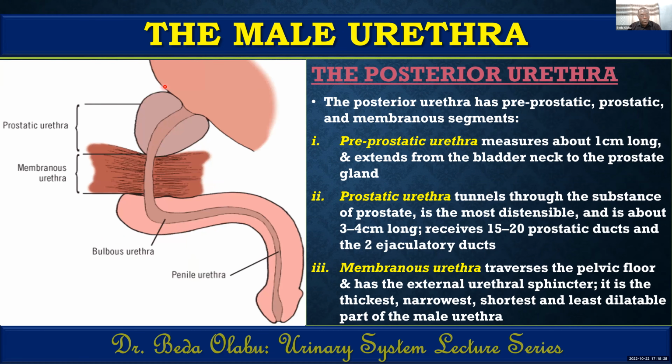So in sagittal section, this is the prostatic urethra, this is the membranous urethra, and this is the bulbar and penile urethra. Passing through the pelvic floor is the membranous urethra.